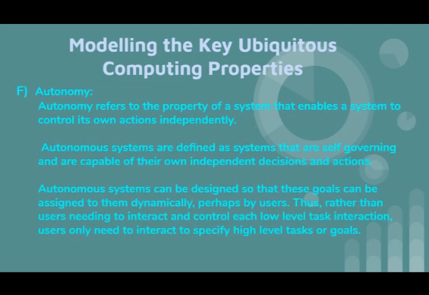Next is autonomy. I don't think I need to explain this, because all of you need to understand this autonomy, and you are all familiar with it. I'm just going to give you an overview. Autonomous systems are defined as systems that are self-governing and capable of making their own independent decisions and actions.